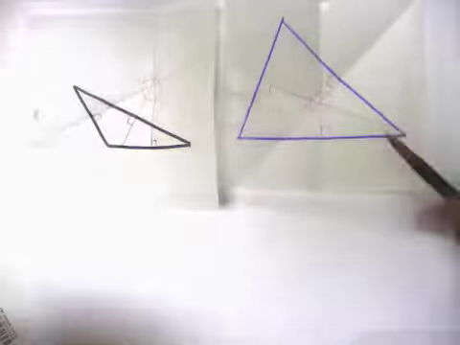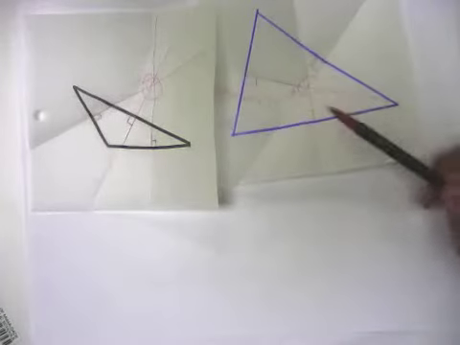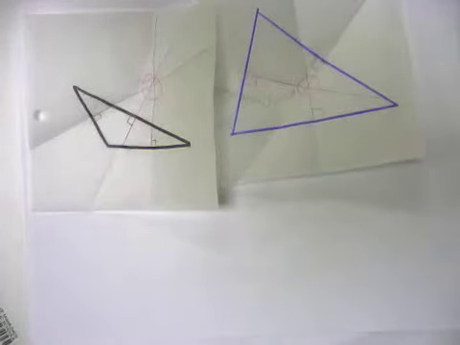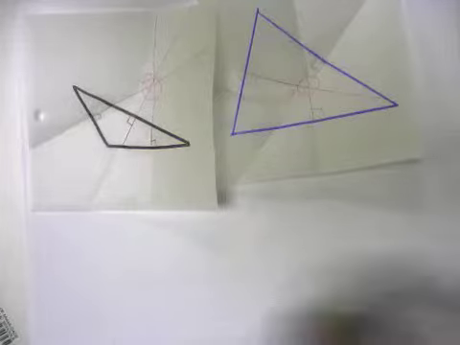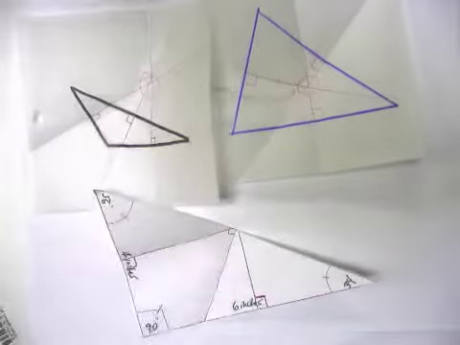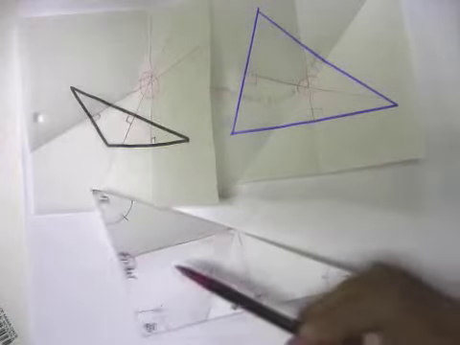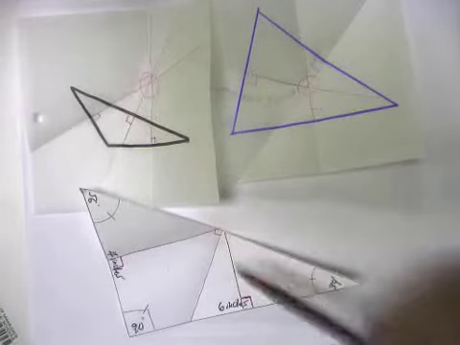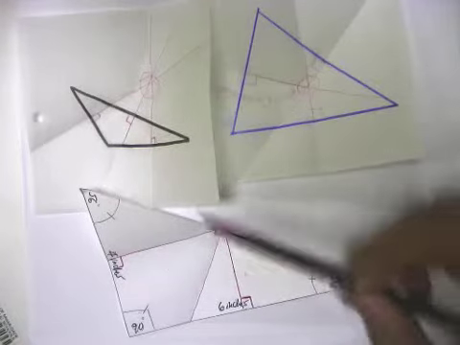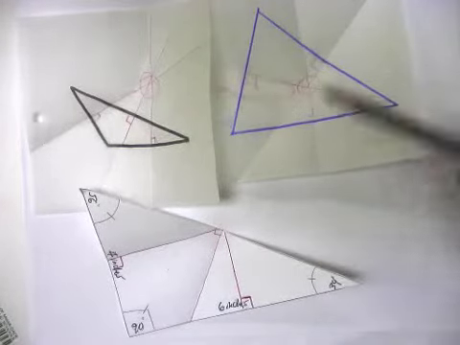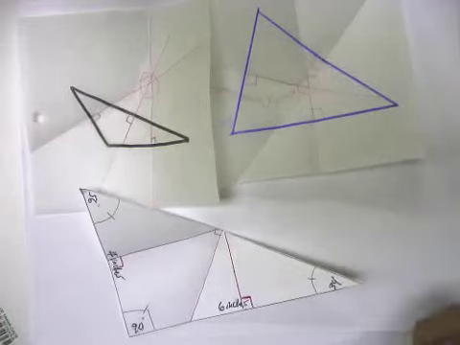So for an obtuse triangle, the circumcenter is going to be on the outside. All the perpendicular bisectors come together on the outside. For an acute triangle, all of the perpendicular bisectors come together on the inside. And on a right triangle, all of the circumcenters come in together, what?